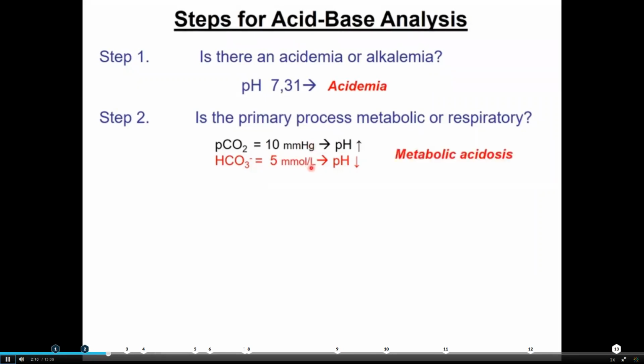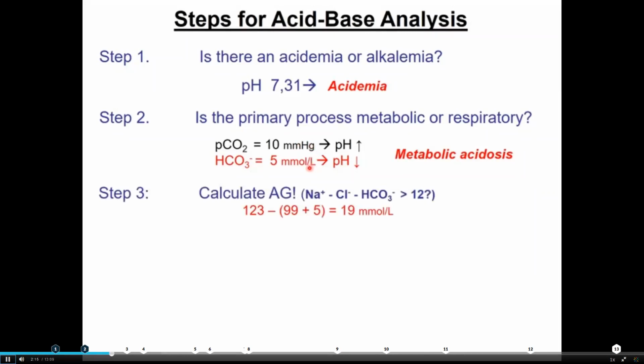And that means we do have a metabolic acidosis. The next step, we have to calculate the anion gap. In our case, the serum sodium is 123 millimole per liter, while the chloride is 99 and the bicarbonate is 5. So the anion gap is 19 millimole per liter.